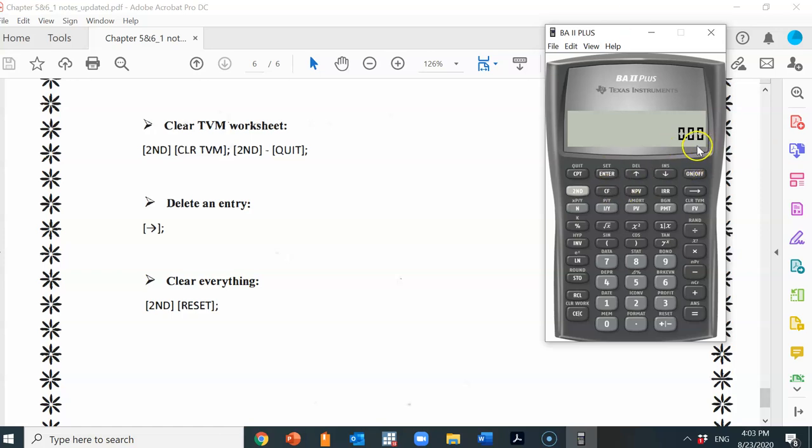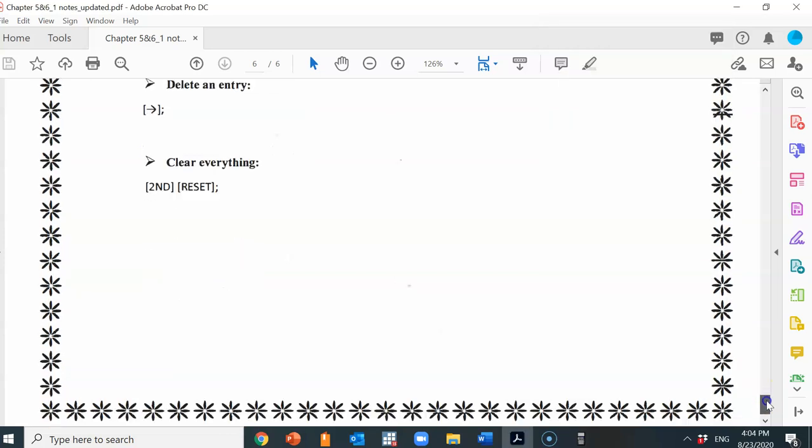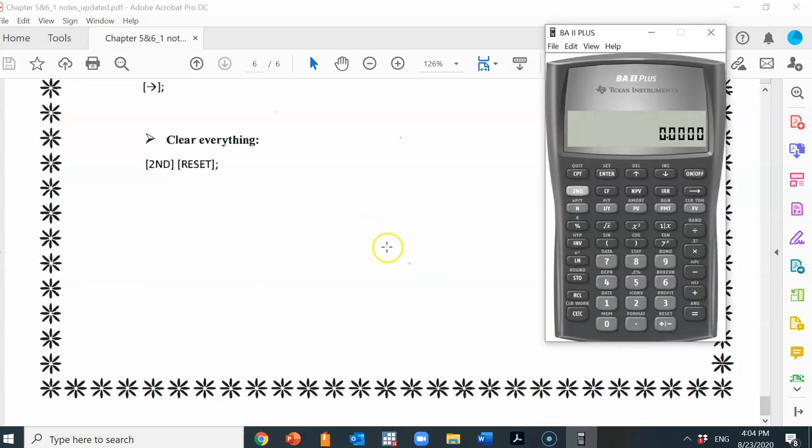But always remember, after you reset the calculator, change the decimal by pressing second, format, 4, enter, second quit. Now your decimal is back to 4 and you can start to work on the questions in our notes and in our homework again.